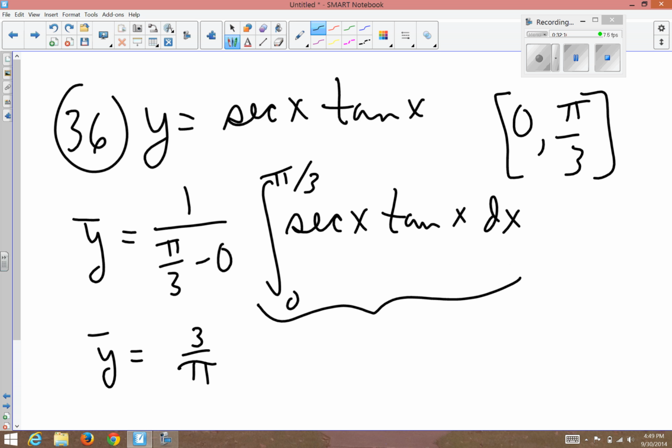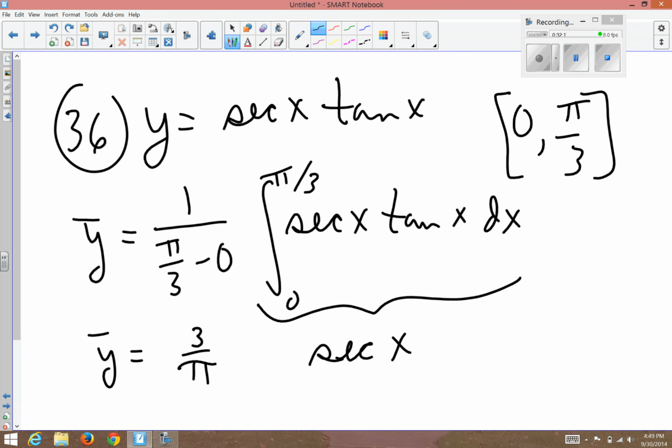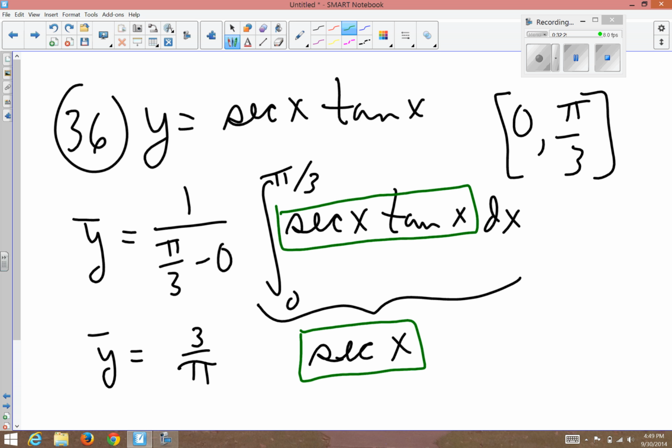The integral of secant x tan x dx is secant x. Remember, the reason for this is it's the correct formula is because the derivative of secant x is this integrand. So when we have this symbol for the antiderivative, it's secant x. The fourth formula from the bottom of your list, which says plus c, but c is any constant.